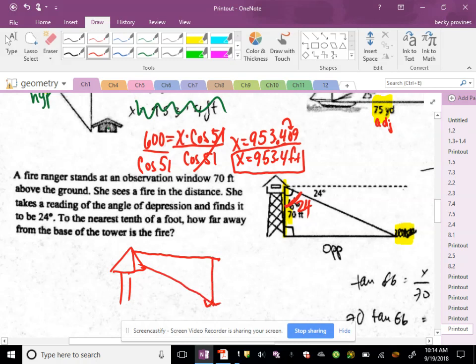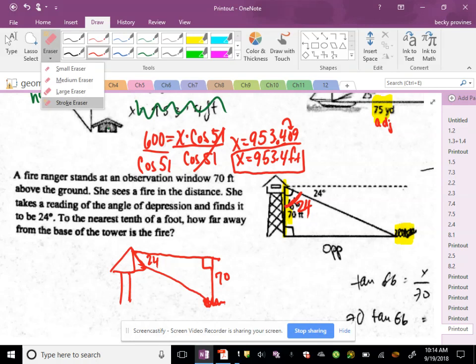So really, the triangle's flipped up like this. And I hope you can tell what that's supposed to be. This is the fire. So the 24 goes up here, and you know it's 70 feet tall. So to me, it makes more sense to draw it this way. The other picture is deceiving because it's flipped upside down, and you want to put the 24 in the wrong place, and it is confusing.